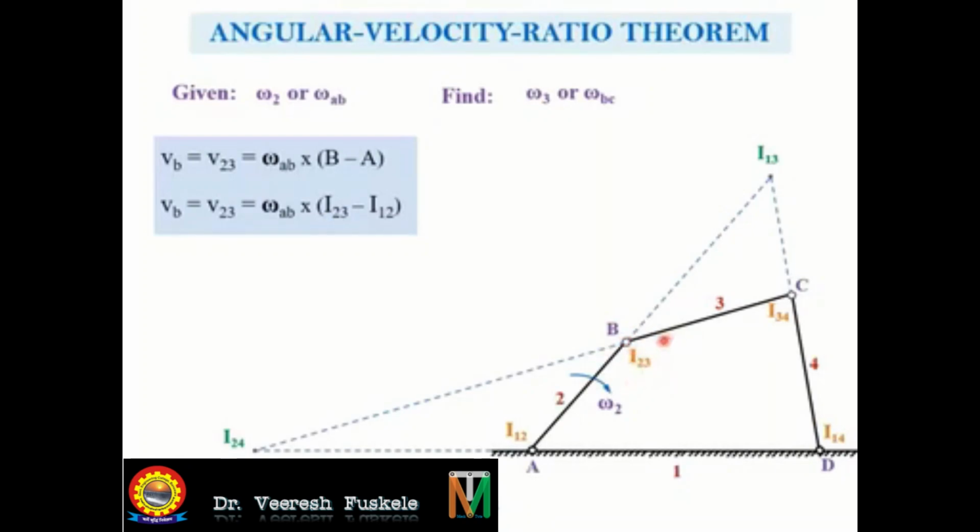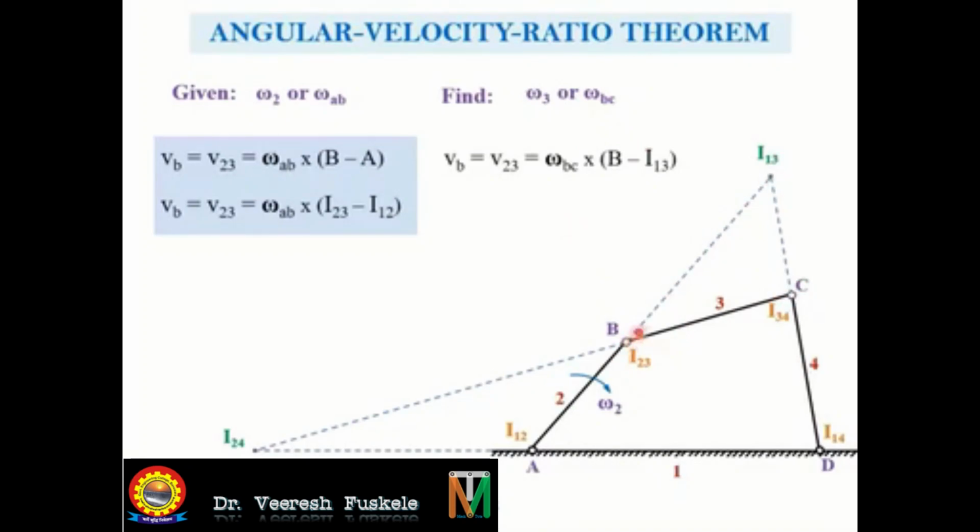Now let us take the point B or I23 on the link 3. The link 3 is rotating at this instant about the point I13. I13 is the instantaneous center. So the velocity of point B, if we consider it to be a point on link 3, which is rotating with angular velocity omega 3 about the point I13, is given by VB or V23 is again equal to omega 3 or omega BC into distance B minus I13.